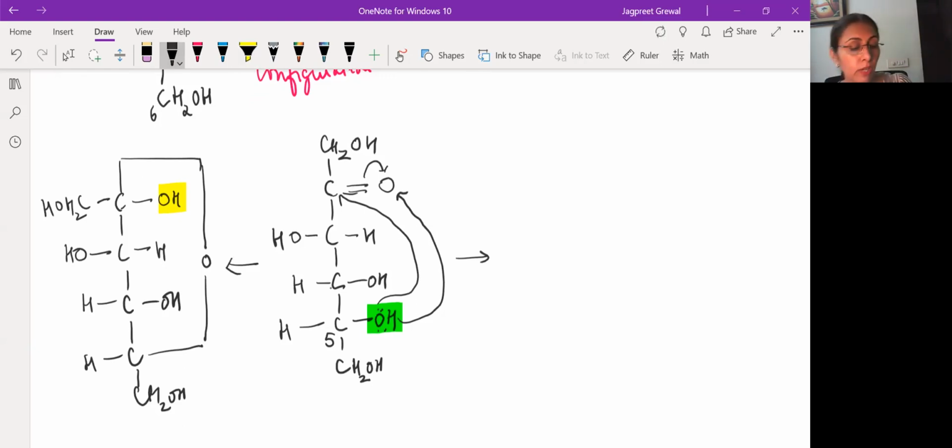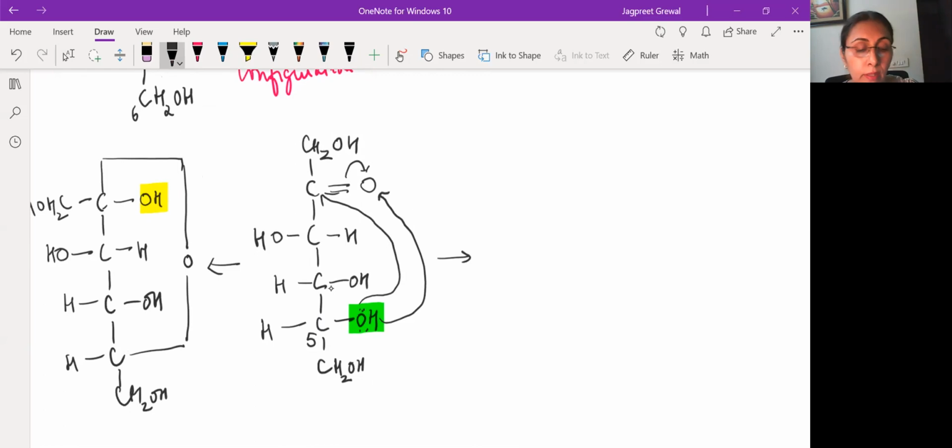If the cyclization occurs from the other side, second carbon, this is your second carbon over here, and this is first carbon. First and second. So this shows the change. 1, 2, 3, 4, 5, and 6. So 2, 3, 4, 5, and 6. So this is a sixth one.